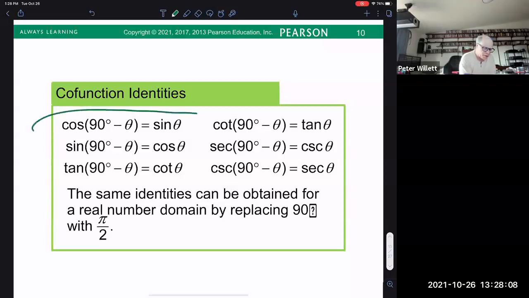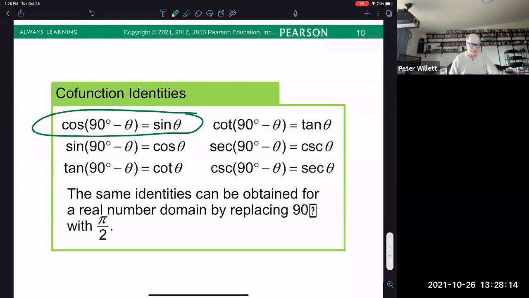Let's say I take a look at this first one. Cosine of 90 degrees minus theta is the same as sine of theta. So why is that? Well, we looked at this back when we were looking at the right triangles. And remember, cofunctions are when you're talking about functions of angles that are complementary angles in a right triangle.